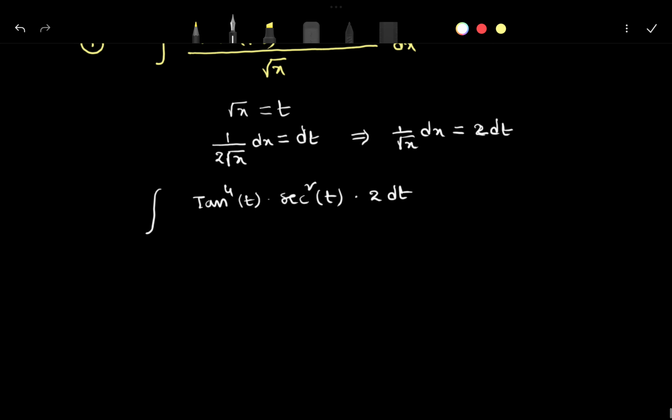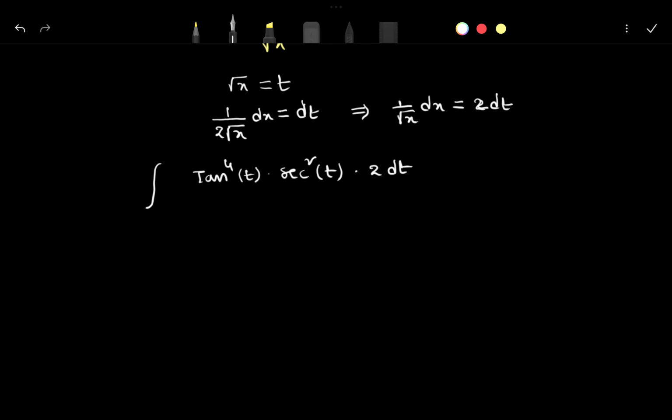After that, you write 2 outside, that equals 2 into integration of tan t whole to the power of 4 into secant square t, since the derivative of tan t is nothing but secant square t. So again you take tan t equals another variable, let it be u.